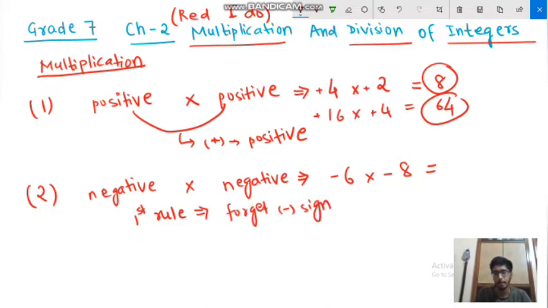Okay, you just need to multiply the two numbers. What is 6 into 8? Yes, you are right, 48. Okay, and this is your answer. That is, when you multiply two negative integers, you are going to get a positive integer. These are negative and what you get is positive.